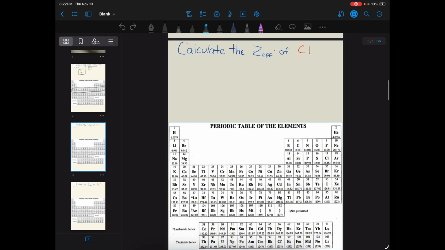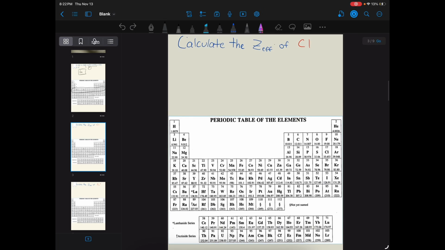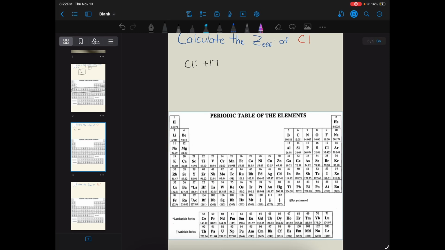Okay. This next problem here asks to calculate the Z effective of Cl, or chlorine. So let's begin. So we are first given, obviously, that Cl is 17, so plus 17. And then because it's not an ion, it's a neutral atom, we do not have to eliminate any other elements. So because we immediately know it's 17, we know that it would be in the 1, 2, 3.